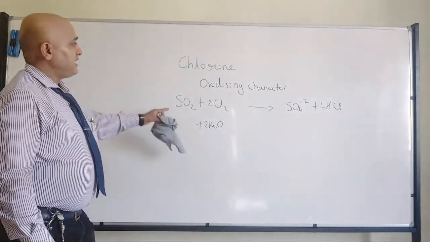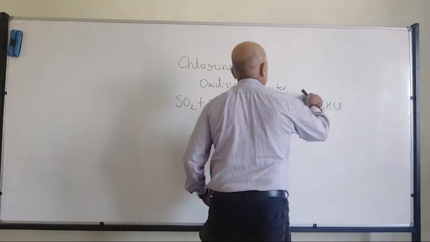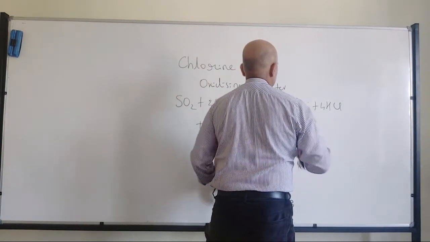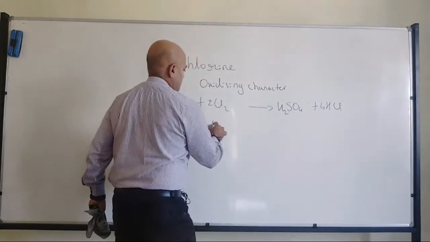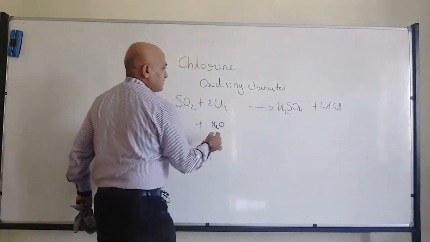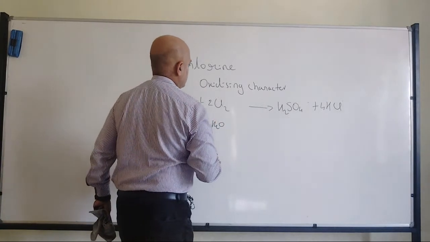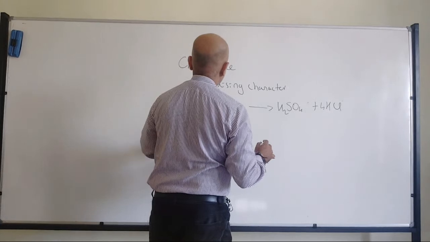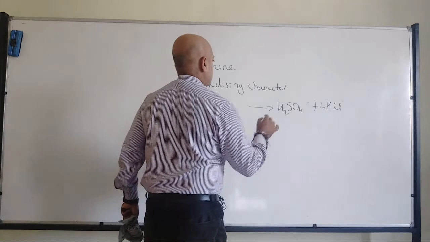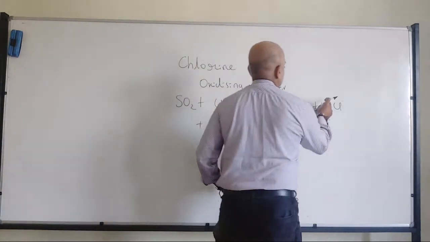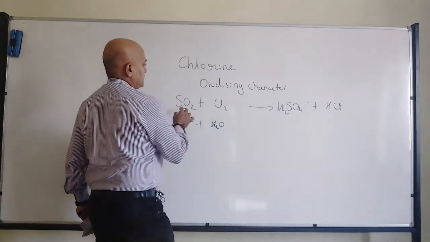Fine? Okay, we can use H2SO4 only. Why to write SO4 minus 2? We can write it as H2SO4. We will not go with ionic equation at all. Now, 4 oxygen, we have 2.